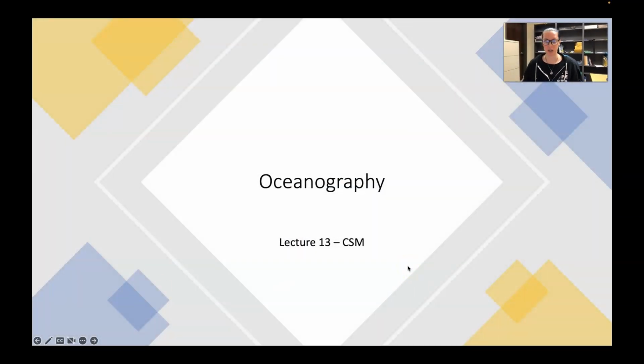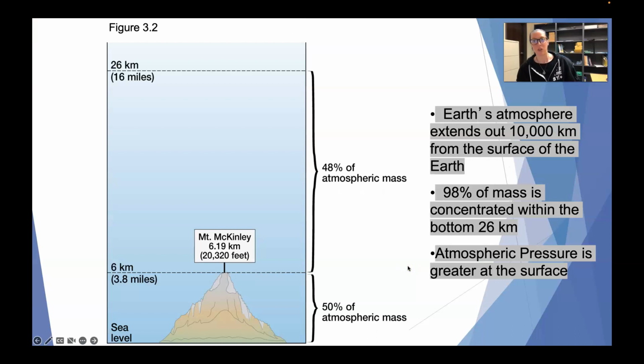The first thing I want to talk about, especially after talking about all the components of our atmosphere and the molecules that make up our atmosphere, is the structure. It's really important to recall that the Earth's atmosphere can extend about 10,000 kilometers from the surface of the Earth. But 98% of that mass is concentrated within the bottom 26 kilometers, right?